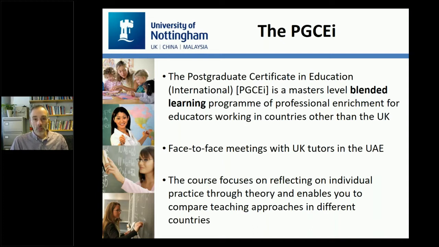So at those workshops, we of course get to meet you, which is great. So when we're then working more at a distance in between times, we know exactly who you are and we've met, and I can put a face to the name, and you also know who your tutor is. And it enables us to have a much better working relationship.